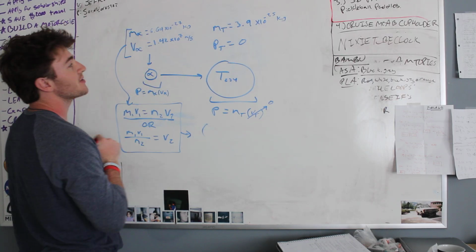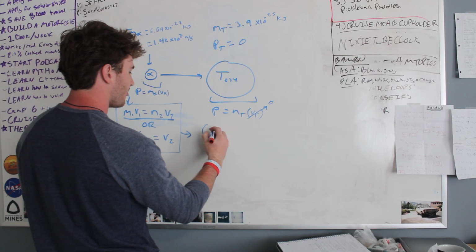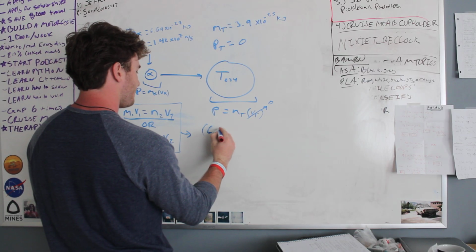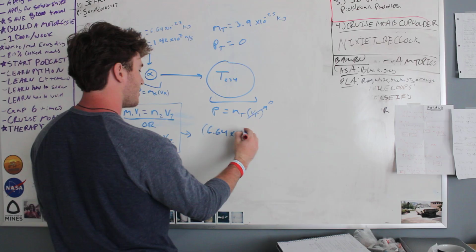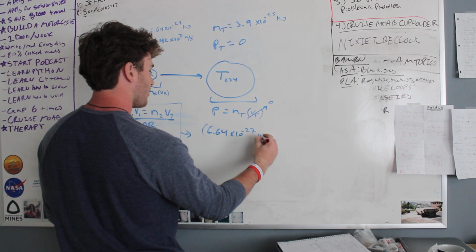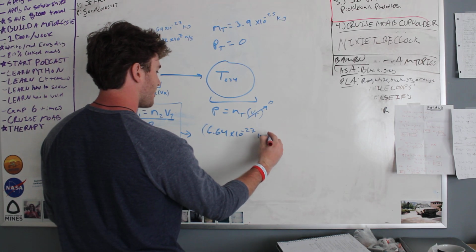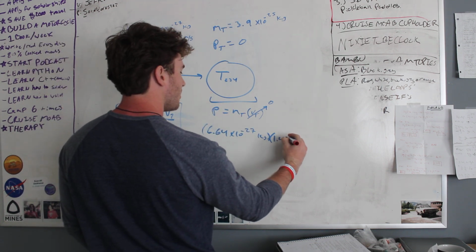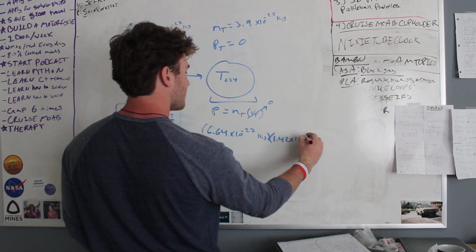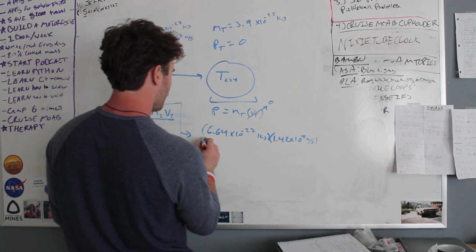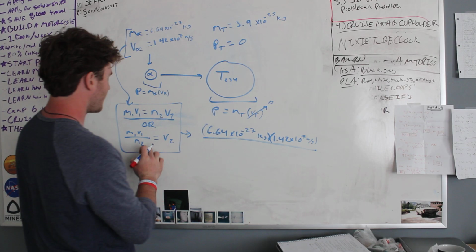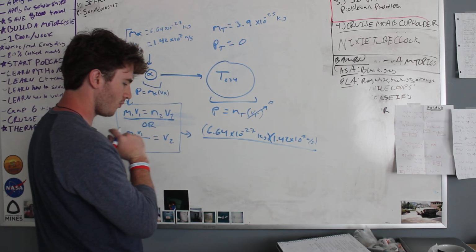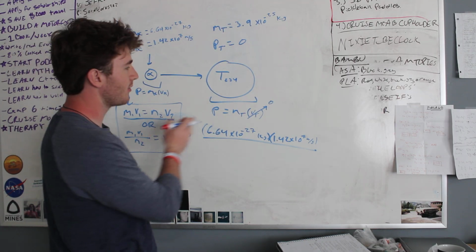The mass of our alpha particle is going to be 6.64 times 10 to the negative 27th kilograms, times its velocity, 1.42 times 10 to the 7th meters per second. We can divide this by the mass of the thorium isotope, in one go, to get the resultant velocity.